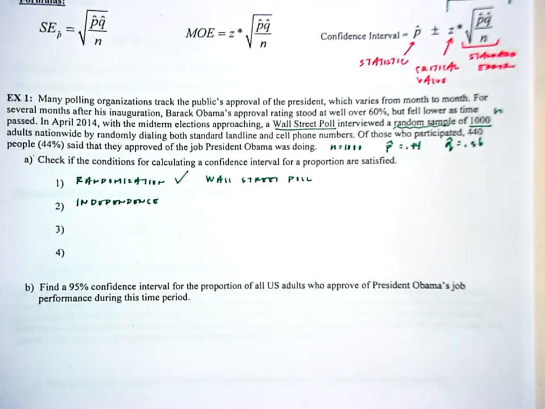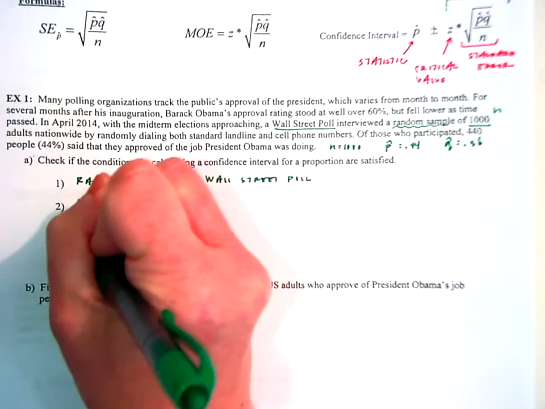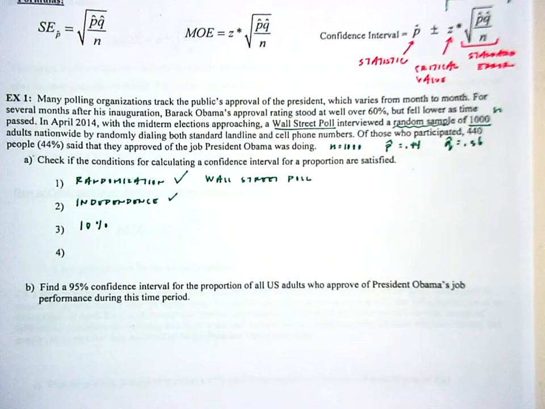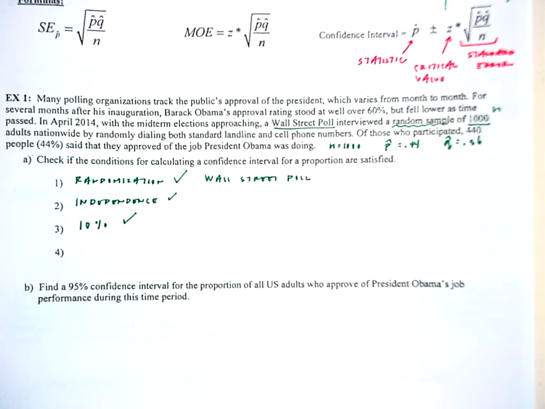Do we assume that one outcome does not impact another? Yeah, I can assume that. Check. Okay, 10%. All right, we got millions and millions of bodies in the U.S. So if we're only asking 1,000 of them, we are definitely below 10% of the entire population.